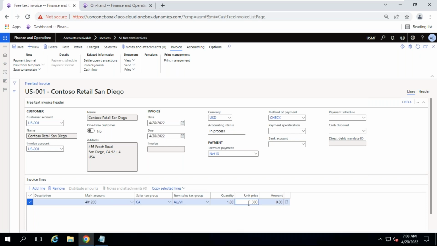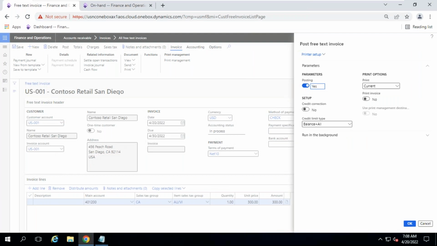Suppose I have entered 300. Customer I have selected and revenue account I have selected. Now click on post. Posting, click OK. If you want to take a printout, you can enable this checkbox. Currently I'm not enabling it. Click OK.